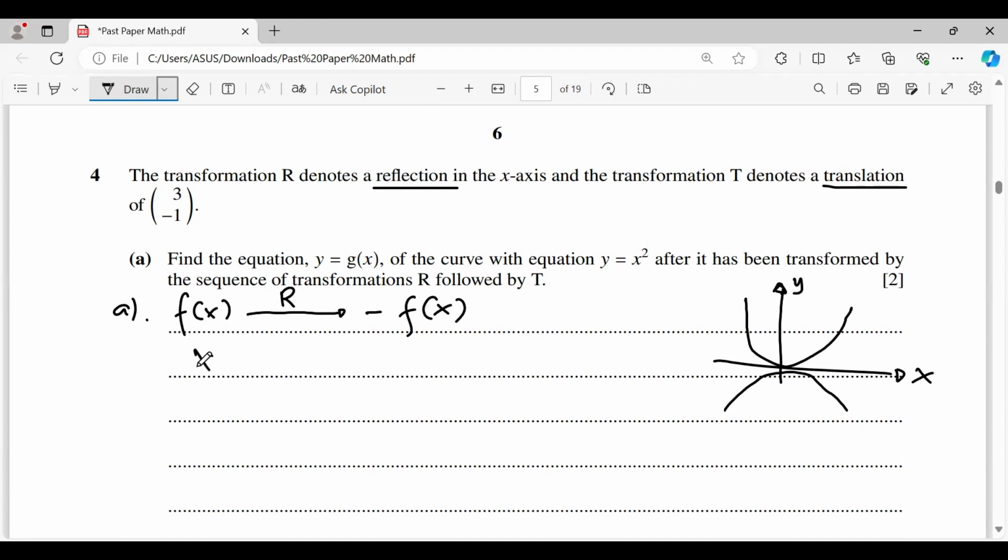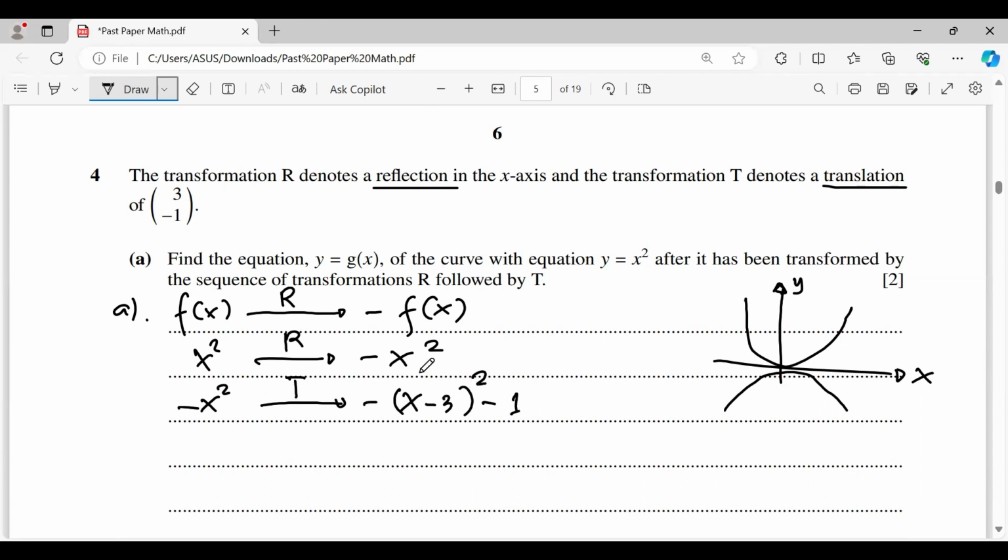So it means x squared through the transformation becomes minus x squared. So minus x squared through transformation T, the translation of 3, minus 1, will be minus (x minus 3) squared minus 1.